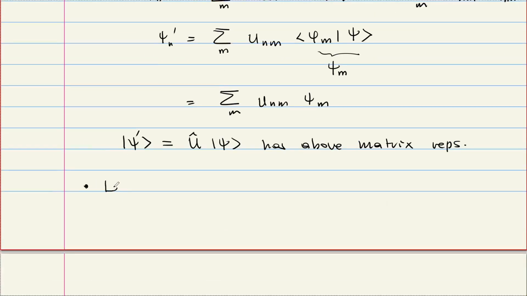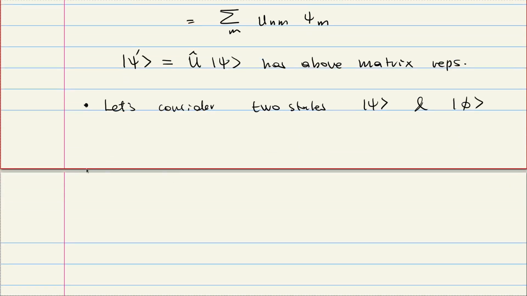And we can now also consider the inner product. Let's consider two states, psi and phi, and psi prime and phi prime. Psi prime is equal to u times psi, and phi prime is equal to u times phi.